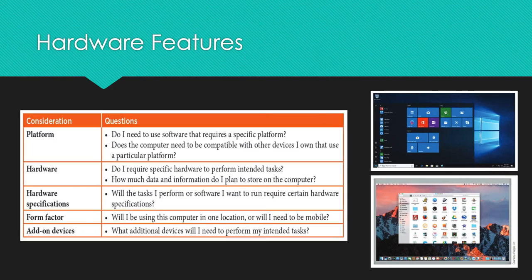Hardware features. Here we have two examples, Microsoft and Mac. Any of you are Mac users, any of you are Windows users, take note that you rarely get system viruses on Mac because they control the software.